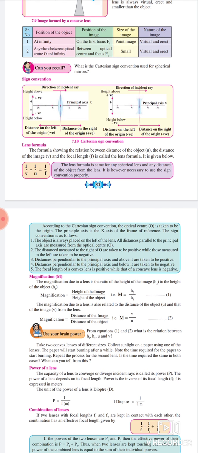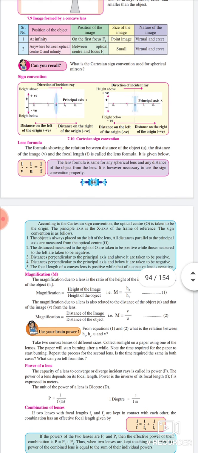Distance perpendicular to the principal axis, shown by a vertical line, if above the principal axis, we take as positive, and below the principal axis, we take as negative. The focal length of a convex lens is positive, while that of a concave lens is negative.